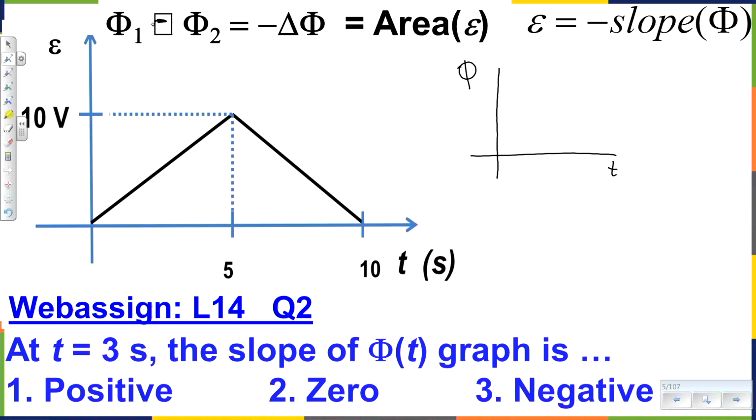In this situation, we have to say something about the slope of this graph at t equals 3 seconds. And again, a slope is a number. As any real number, it can be 0, positive, or negative.